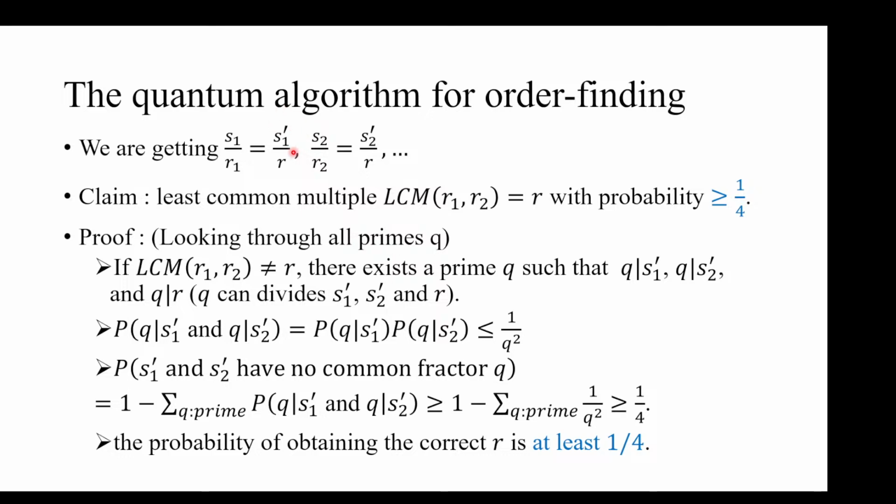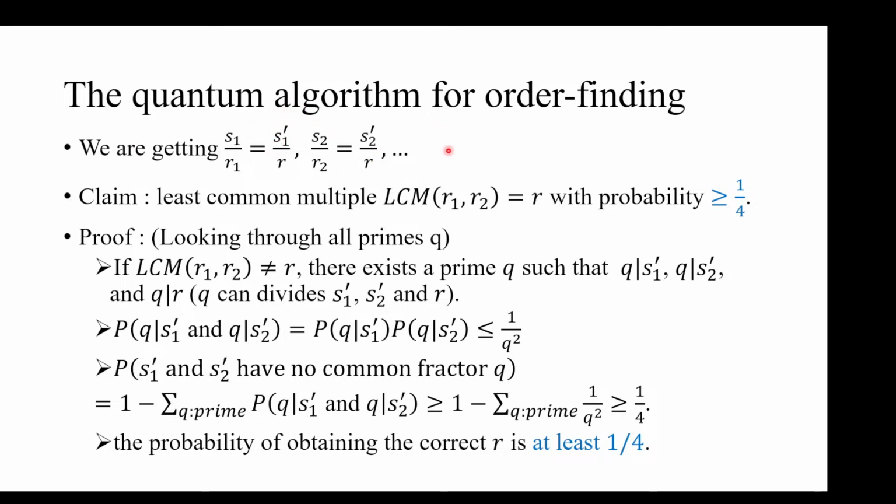So we say we get S1 over R1, which is actually equal to S1 prime over R, and S2 over R2, which is equal to S2 prime over R. Here we have a bit of funny notation. The random S, which we actually get, we call the random S prime. So there's S1 prime, S2 prime, etc. They are uniformly random numbers from 0 to R minus 1.